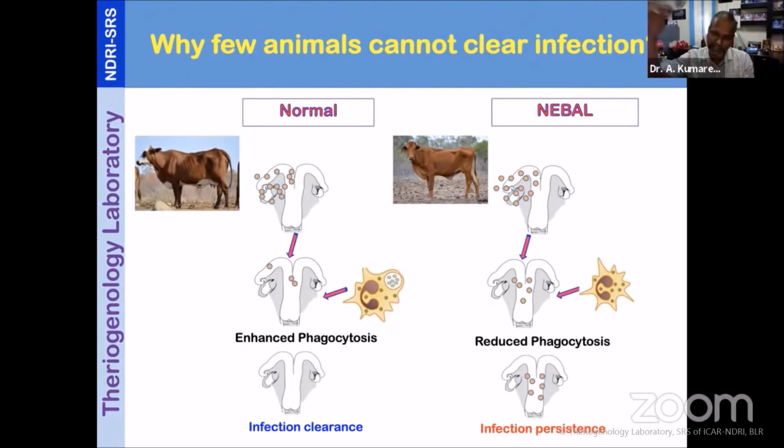So even if the animal manages to draw the neutrophils into the uterus, because the functional competencies of those neutrophils are compromised, they cannot kill the bacteria, they cannot eliminate them. That's how, in this case, even if you treat the animal with a more potent antibiotic or other things, the results are not to the tune of when it is used in a normal animal.